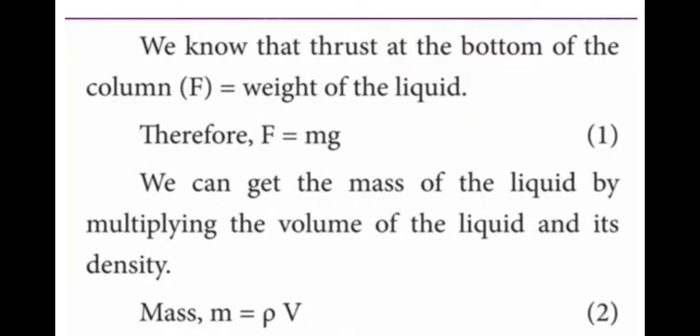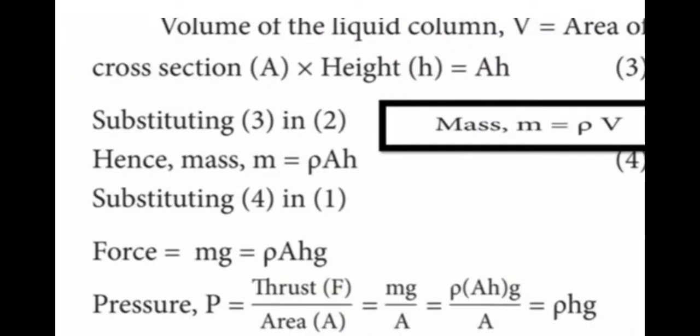Now we have to find the mass of the liquid. Mass of the liquid is equal to density into volume. You have to know the density and the volume. Volume of the liquid column V is equal to area of cross section capital A into h, that is, Ah.